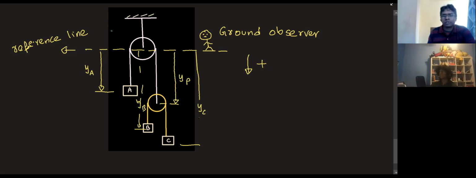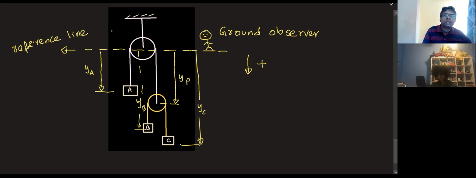Now we have two strings here. I have color coded them, a white string and a yellow string. I can express the length of the string in terms of the positions of the blocks and the pulley.